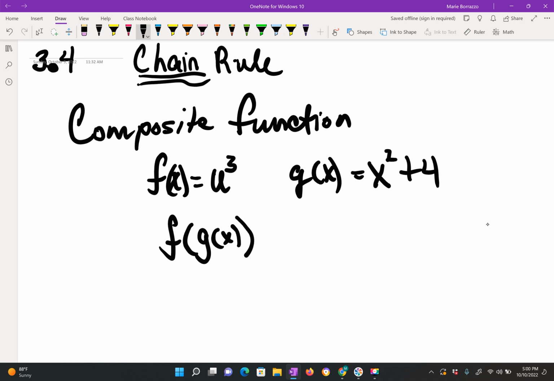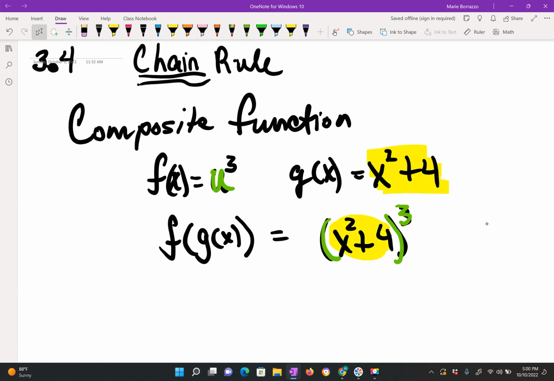Oh, I remember. So that's what this has to do with. As an example, this would become x squared plus 4, cubed. Think of the u cubed as the outside function, and the x squared plus 4 as the inside part of the function.